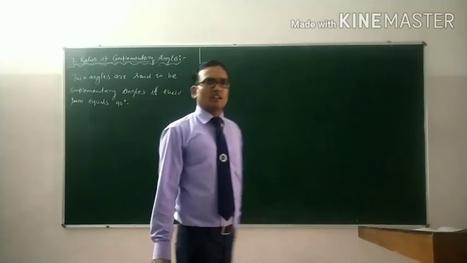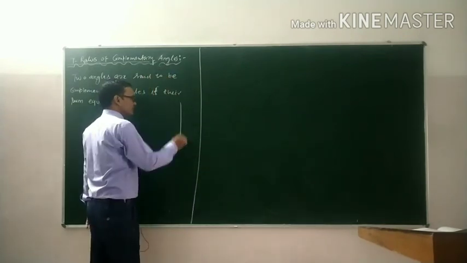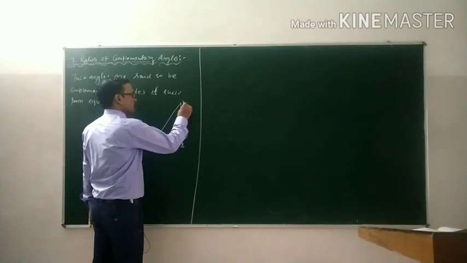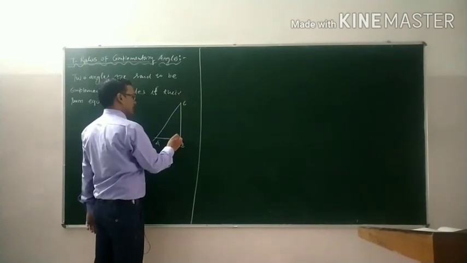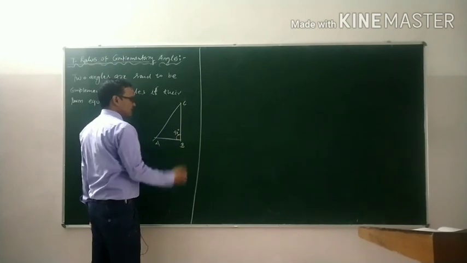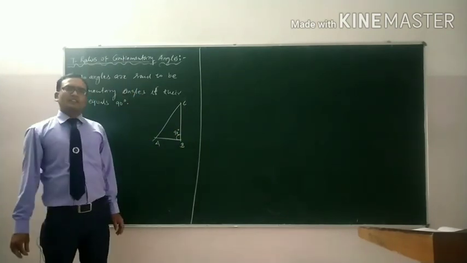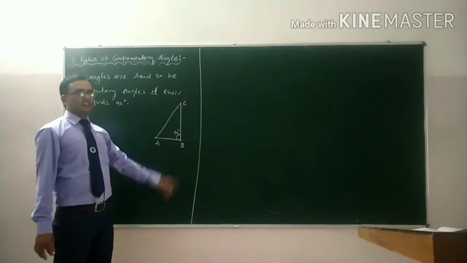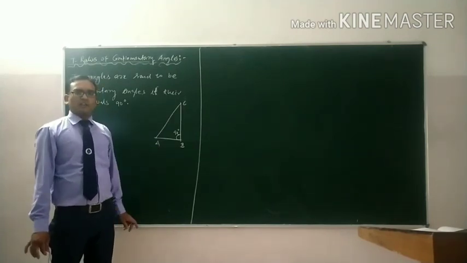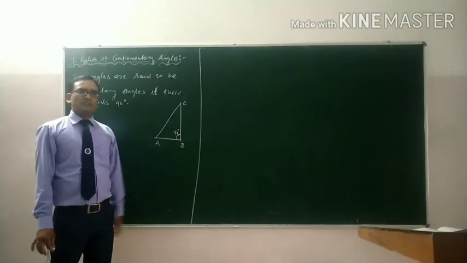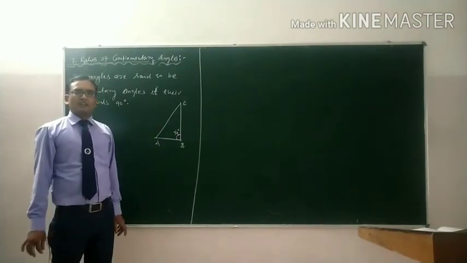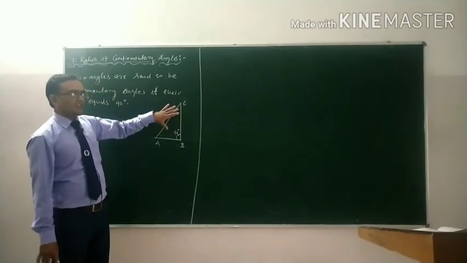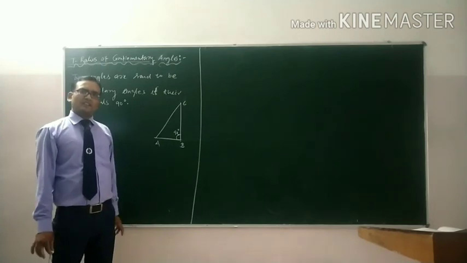Okay students, in a right angle triangle ABC, right angle at B, that means the angle B is equal to 90 degree, then angle A plus angle C equal to 90 degree. Why? The sum of all interior angles of the triangle is 180, one is the 90 degree, then the sum of angle A and angle C is the 90 degree.